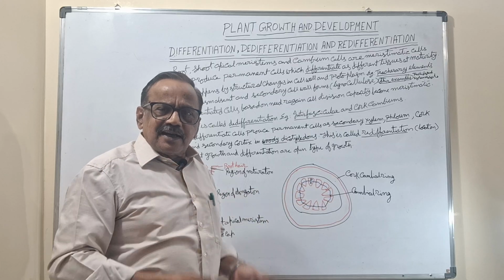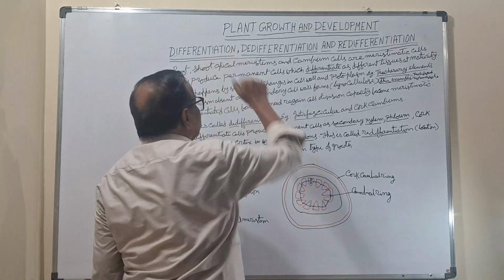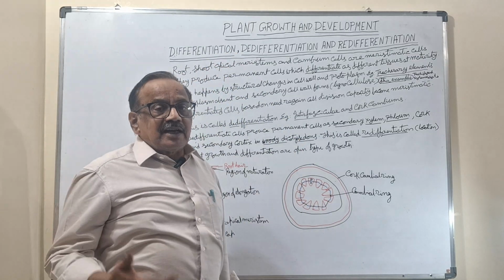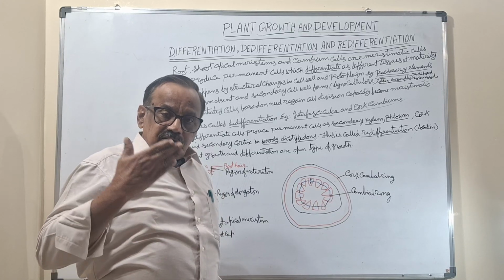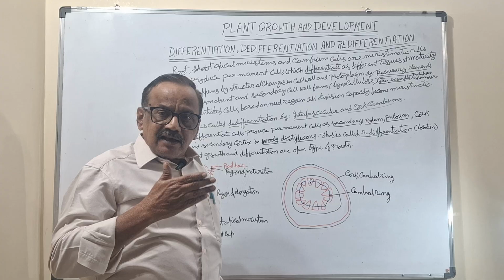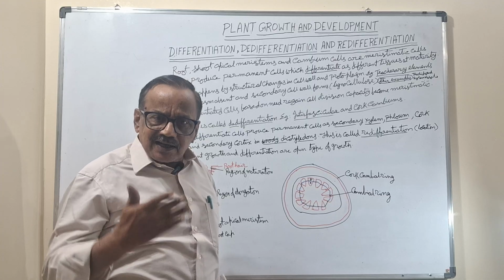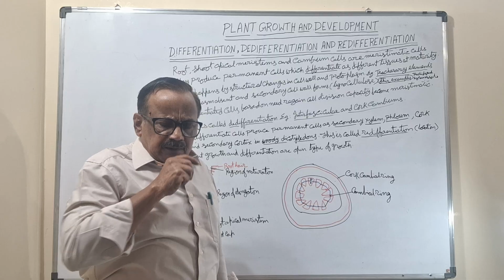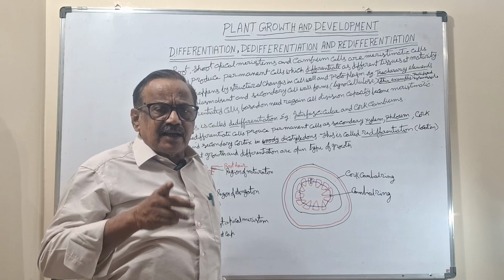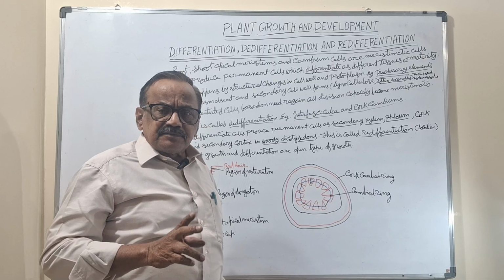If you understand this, this is differentiation. What is differentiation? The cells which arise from the meristematic tissue present in the root apex and shoot apex give rise to permanent cells.